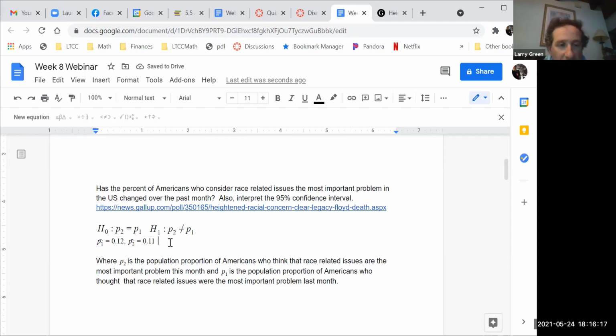Any questions on what these mean? The sample proportion for last month was 0.12, 12%. And the sample proportion for this month was 0.11. Because Gallup did the survey every month.